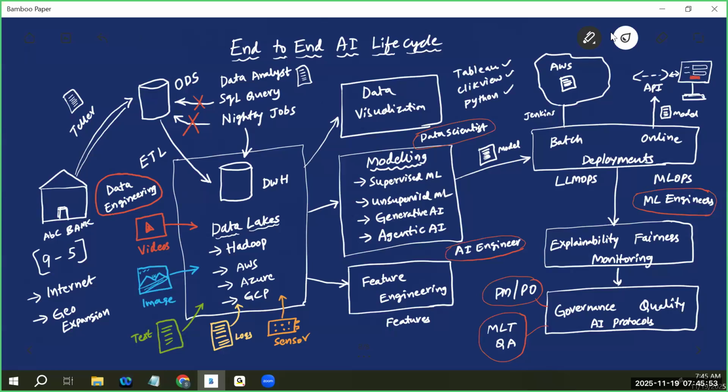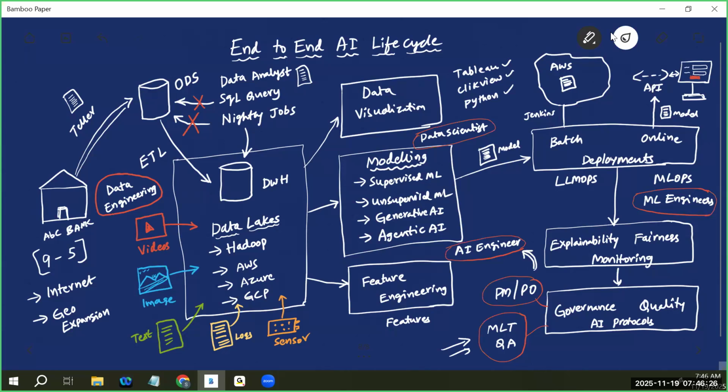Of course, there are so many, and we need people who have that expertise, who understand AI and who can perform QA. They are called machine learning testers, QA testers for AI, and these are the different roles. So imagine we do an entry point there. So the entry point will be here. Once you do the entry point here, then eventually from there you can get into a machine learning engineer role or an AI engineer role.